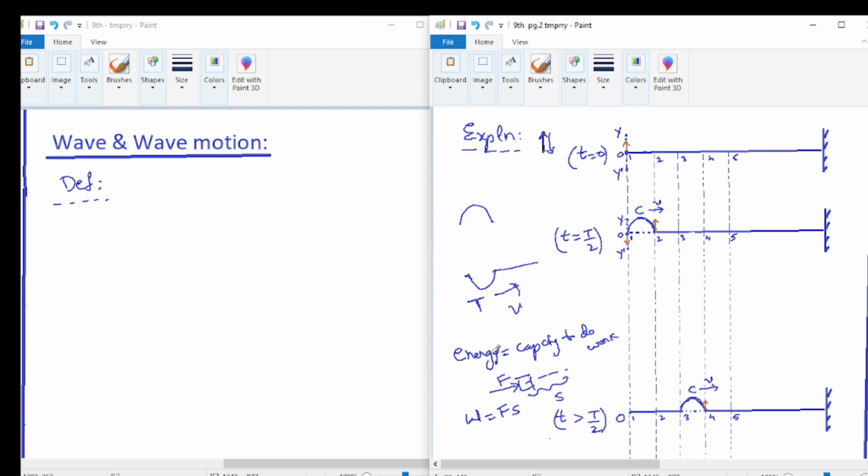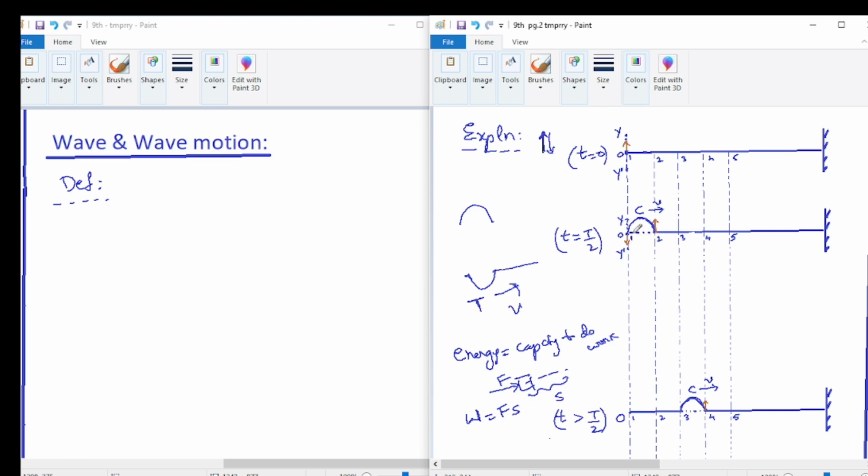But the best way to understand energy is in terms of work done, and work done in terms of force. So it is not very difficult to understand energy; at least to some extent we can understand it. That's why, energy being an abstract quantity, many textbooks don't follow this definition of wave in terms of energy. But we now know the definition of wave very clearly.